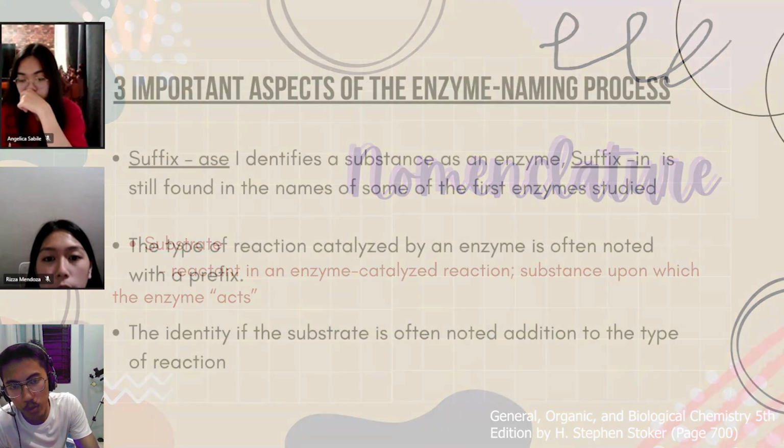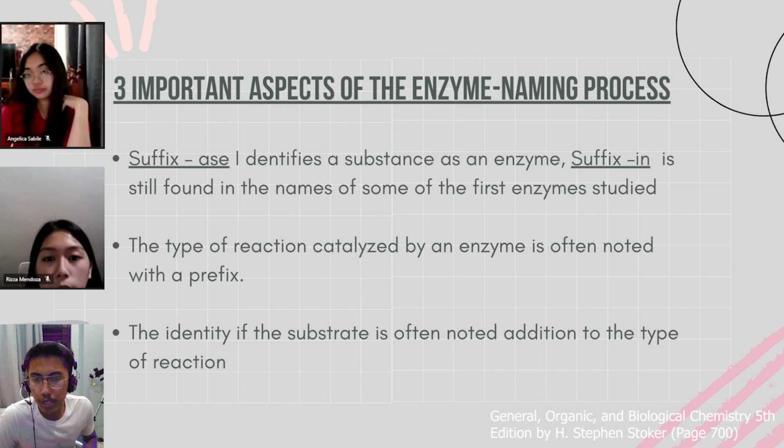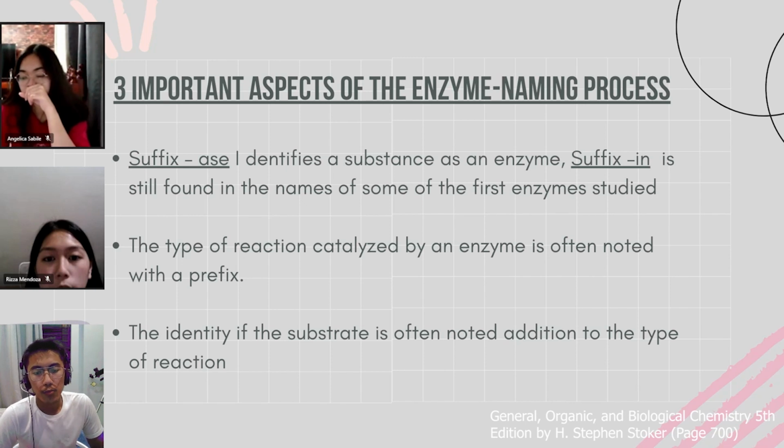There are 6 ways of naming enzymes. But before that, let's remember 3 important aspects of the enzyme naming process. Now, for the first one, you can usually identify that something is an enzyme if first it ends with an ase.